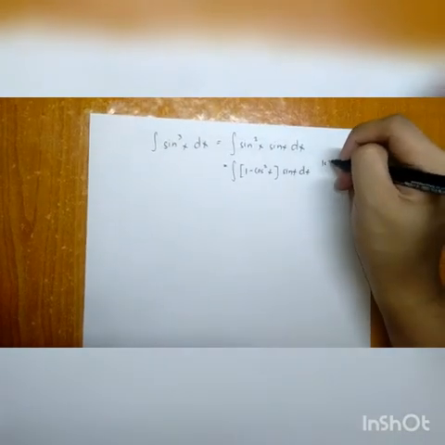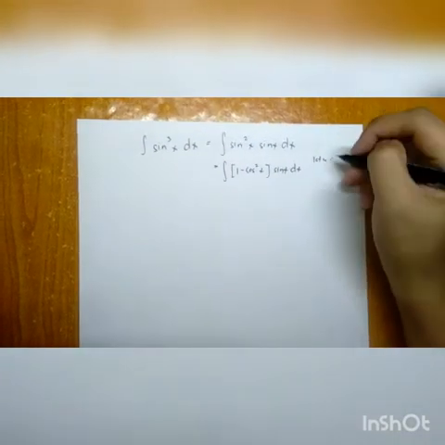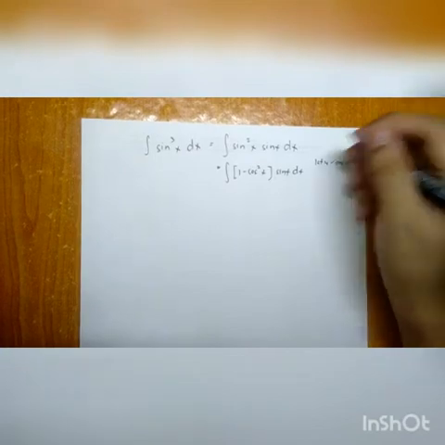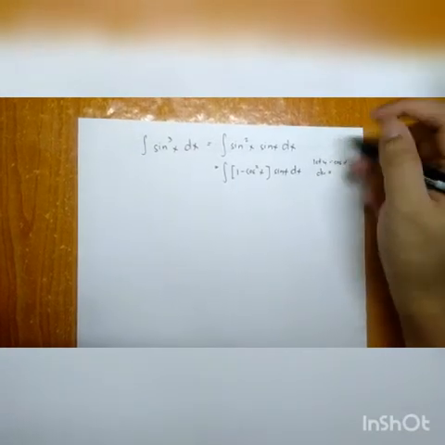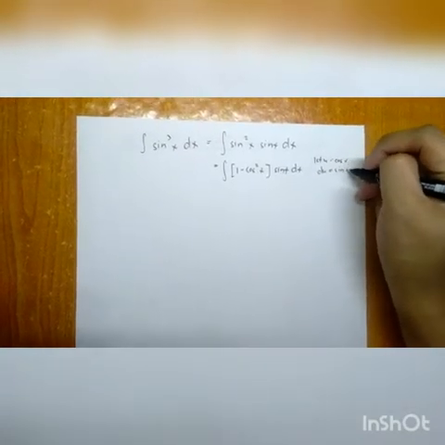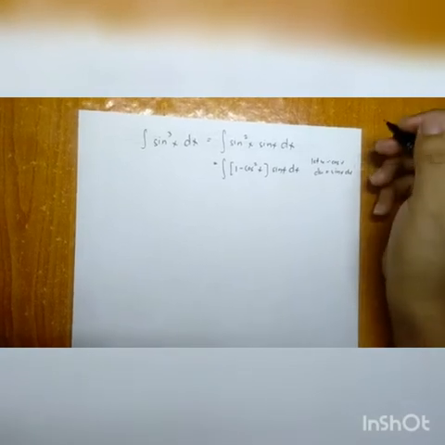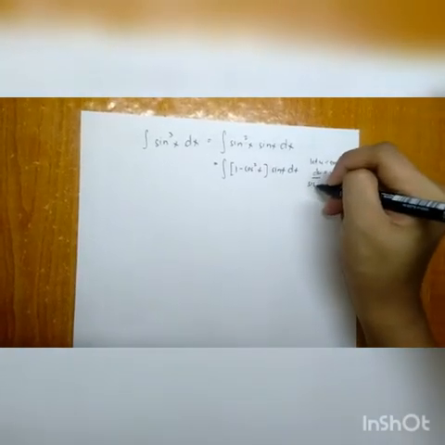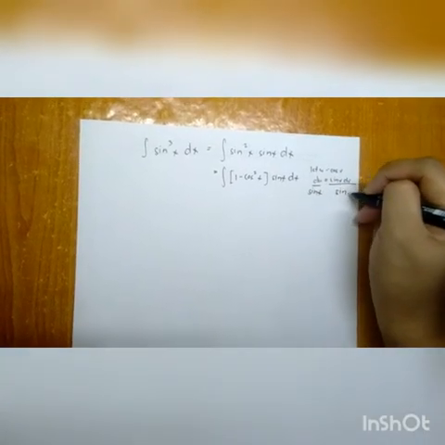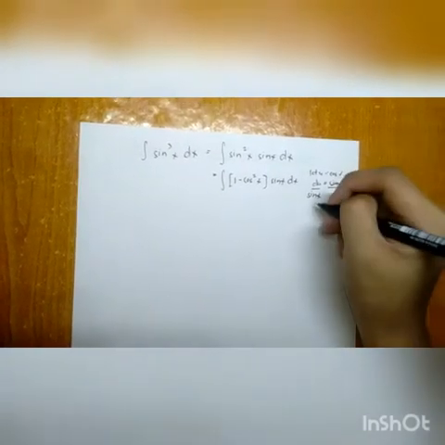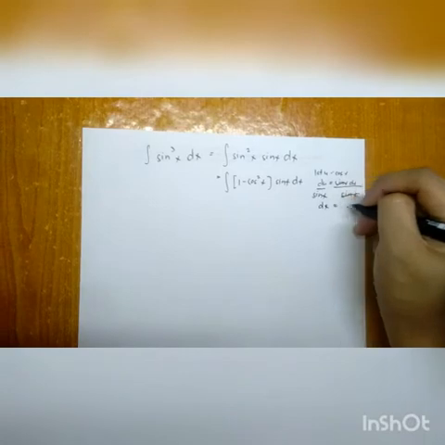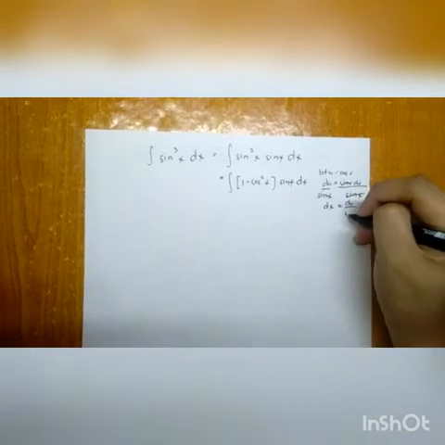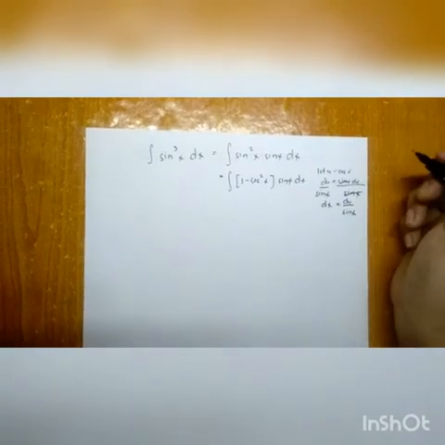We will let u be equal to cosine x, and du equals negative sine x dx. To find dx, we will divide both sides by sine x. Sine x will be cancelled. dx is equal to du over sine x.